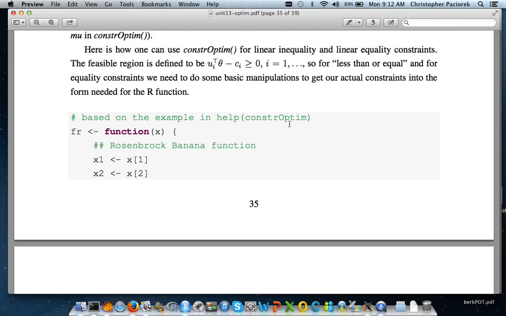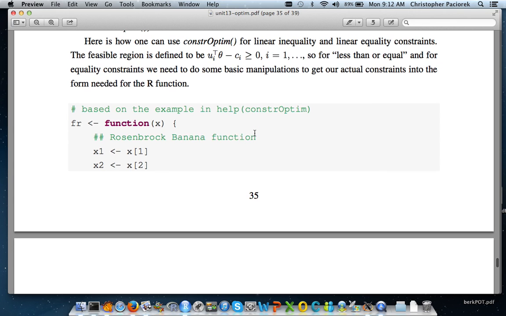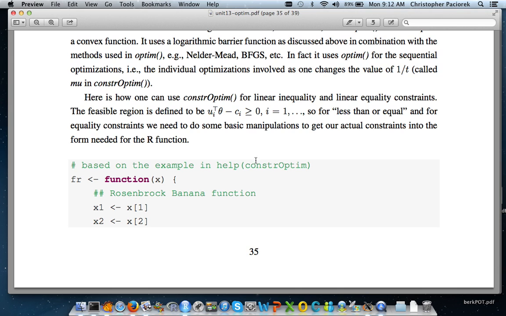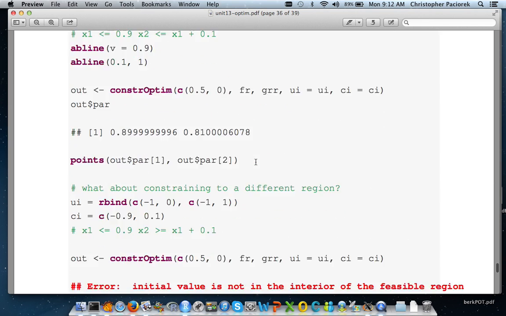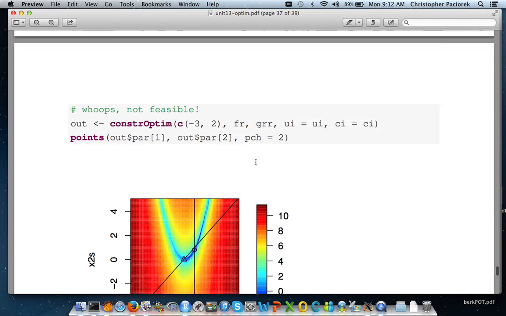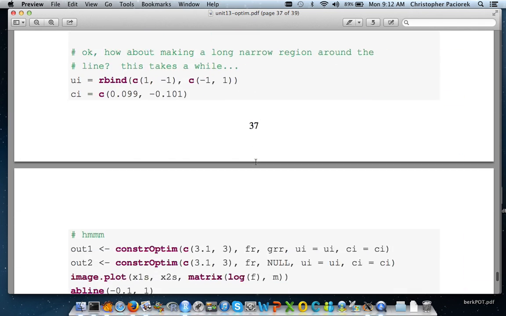Okay, so the first thing I wanted to do to finish off the optimization unit was just show an example of doing optimization with constraints in R. And before I say that, I'll just say that R is a bit limited in terms of dealing with convex optimization.